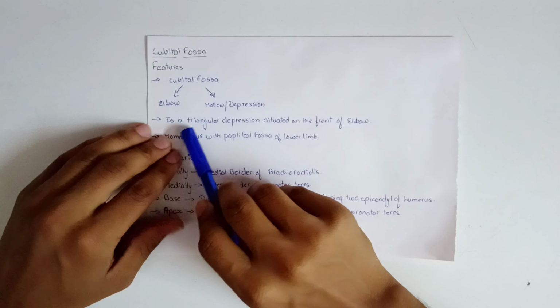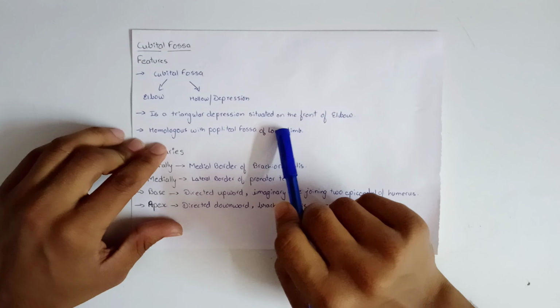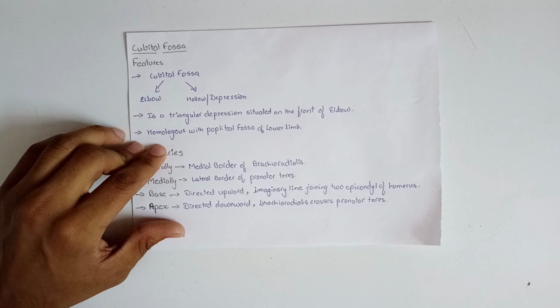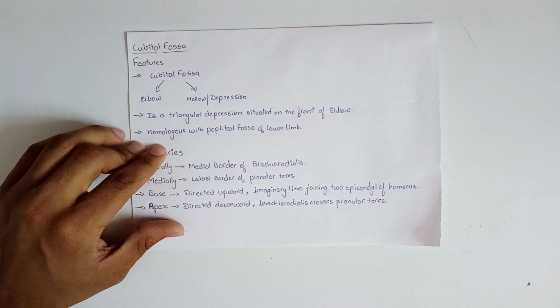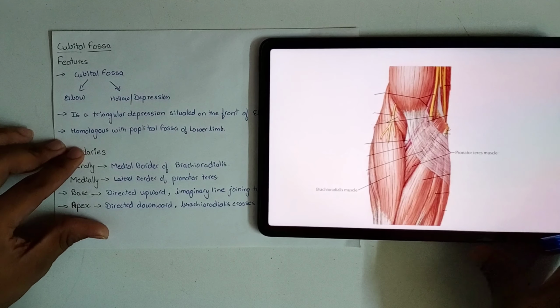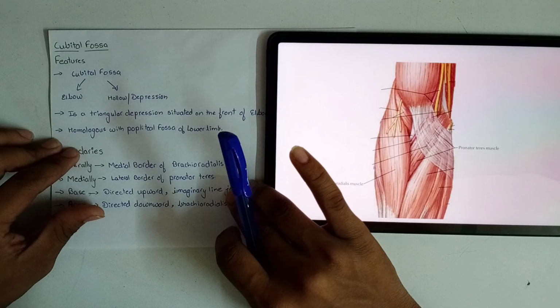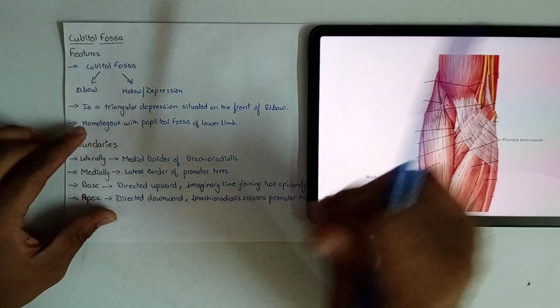Cubital fossa. It is a triangular depression situated in front of elbow. Showing you, this is the elbow. Homologous with popliteal fossa.